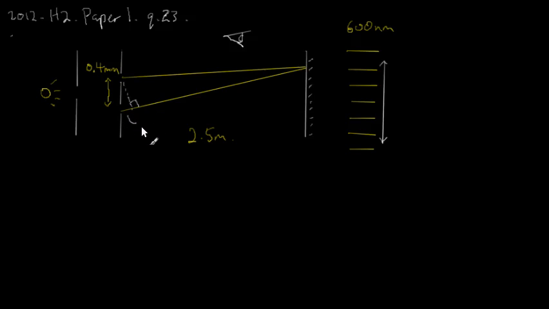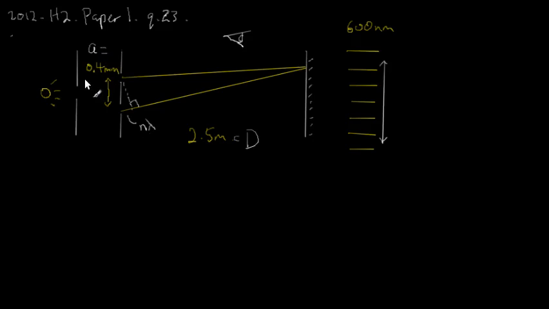So for constructive interference, this must be a full number of wavelengths, because only then will the crest from one slit meet the crest from the other slit, and they will add constructively to give a bright fringe. The symbol we normally use for this distance is D, and for the spacing between slits, we call that a.